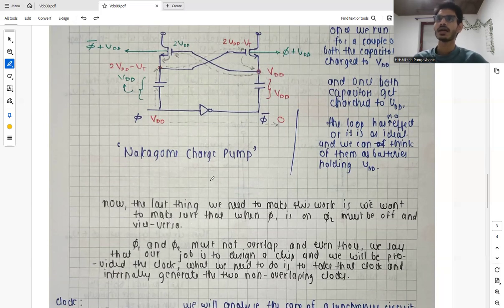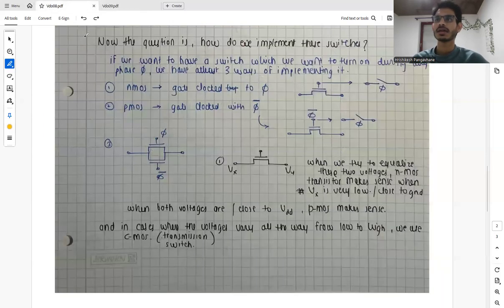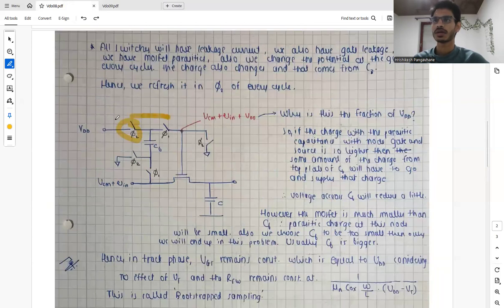basically we had our own circuit, right? So we had this kind of circuit, and we have implemented all the switches, and we just looked at how to implement this complicated switch. But now we have implemented this switch using NMOS as well.